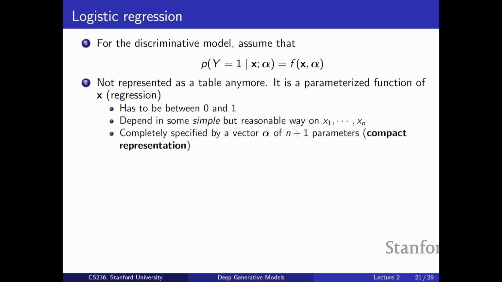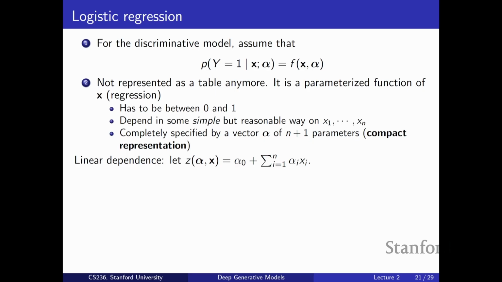One way to do it is to assume that there is some vector of parameters, alpha in this case, and then you can assume some kind of linear dependence, where you basically take a linear combination of these x's, these features, weighted by these coefficients alpha, and you try to do this as regression. It's kind of like linear regression at the end of the day. You take different values of x and you map them to different outputs.